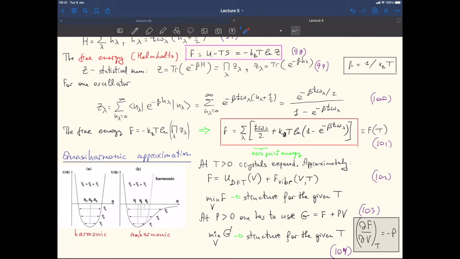So in order to study thermal expansion, what one can do using this approximation is to consider a particular volume of a crystal. Let's take as an example, because it's the simplest example we can consider, a cubic crystal. Cubic crystals could be either simple cubic, FCC or BCC Bravais lattices, but in all these cases, just a single parameter, interatomic distance or a lattice constant, would determine the volume of the primitive unit cell.